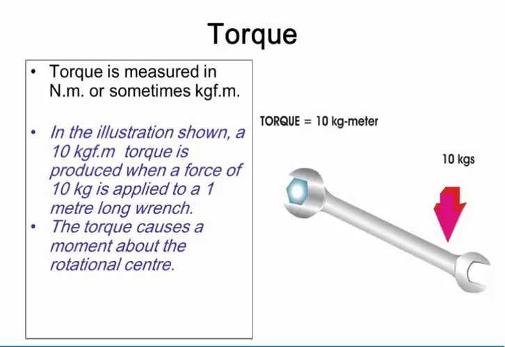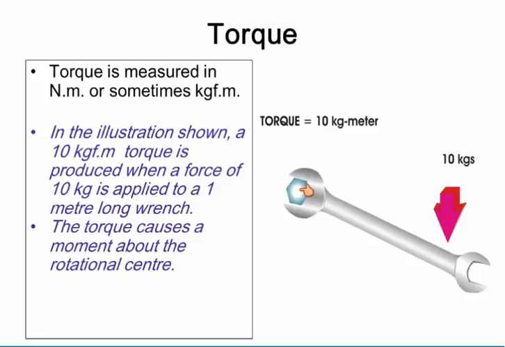Another term we're going to be using several times is that of torque. So we need to understand what that's all about. Torque is the rotational force applied to an object. It's done normally in newton meters or sometimes in kilogram force meters. Now, the torque, we're talking here about the potential to turn this bolt.